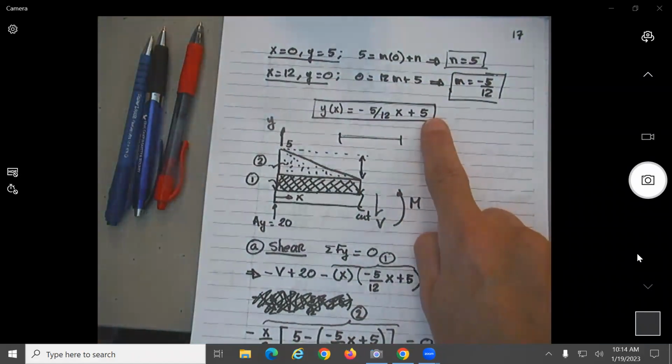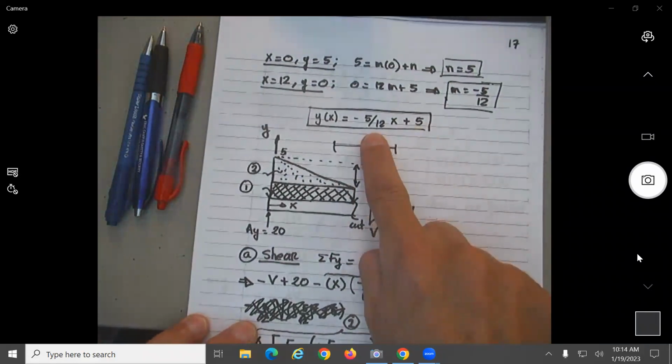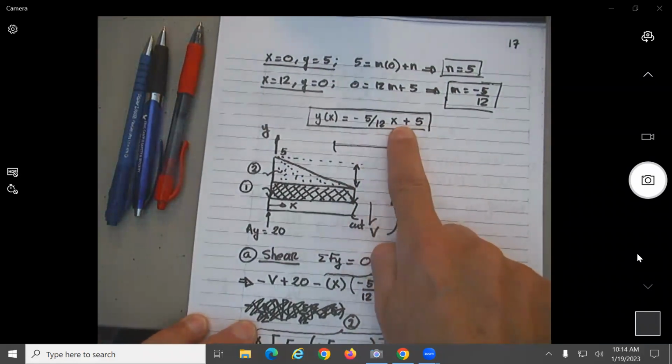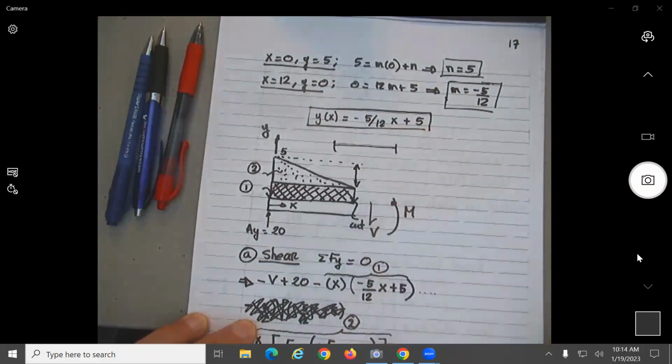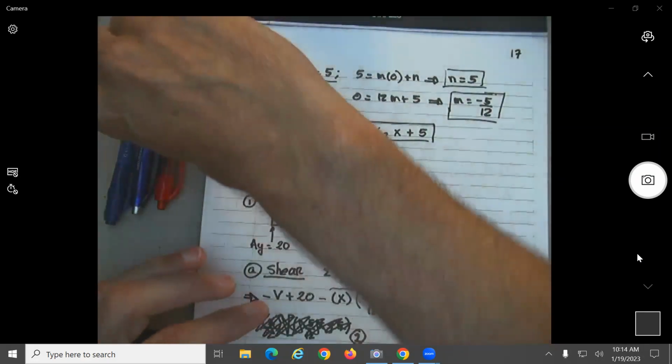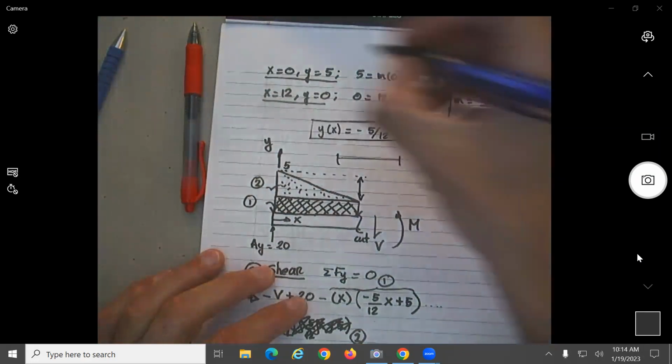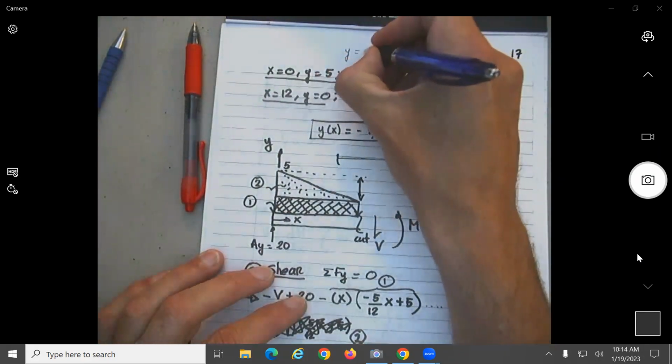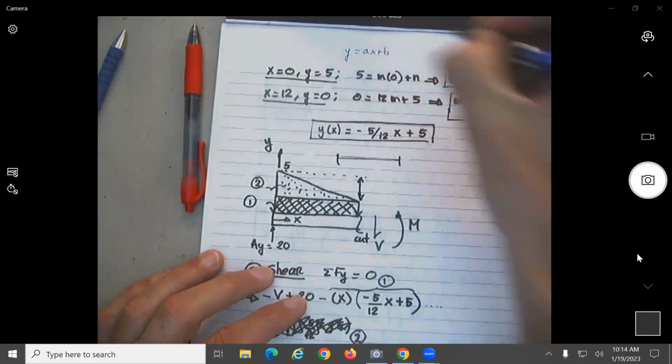What should it be at the end at 12? 0, no? So you multiply this by 12, that gives you what? Minus 5 plus 5 will be equal to 0. Otherwise, you can find the equation of the line by just assuming that it's of the form y equals ax plus b.